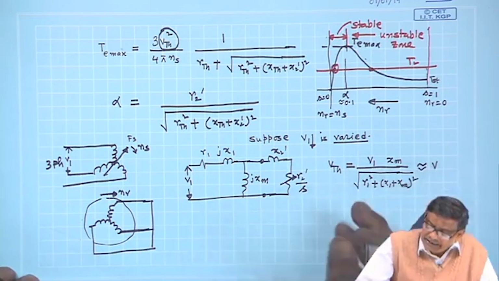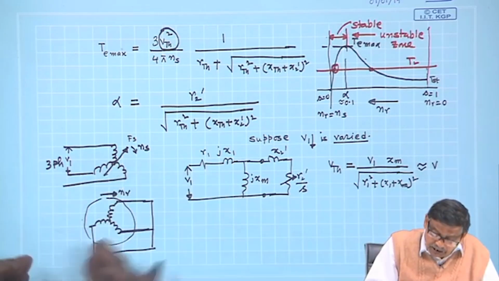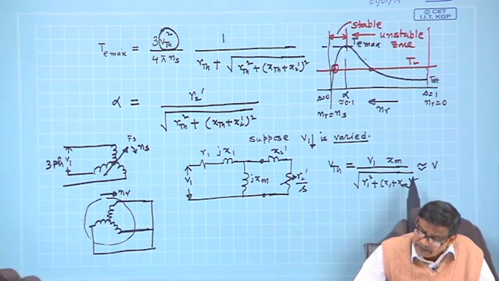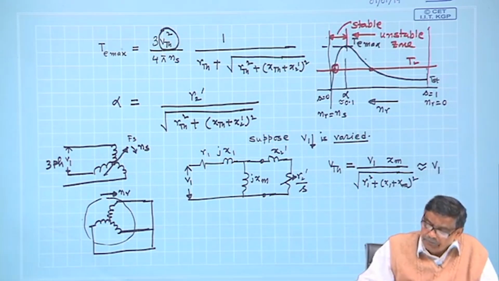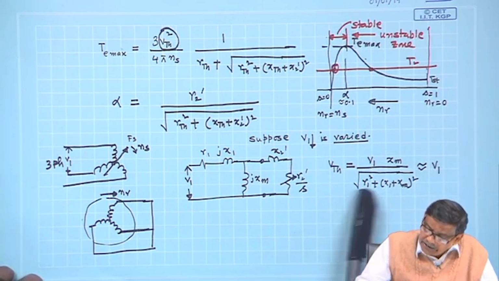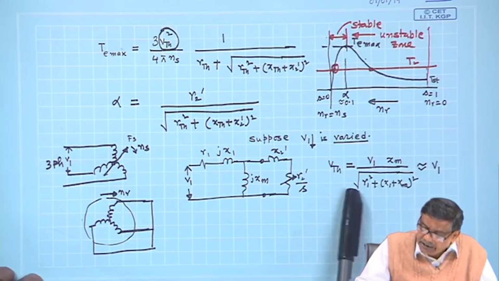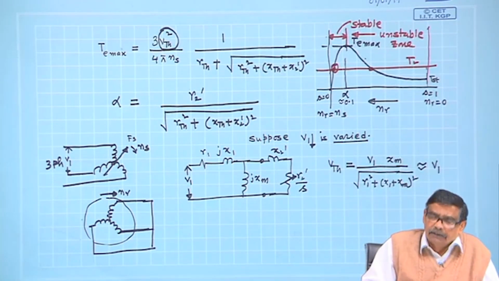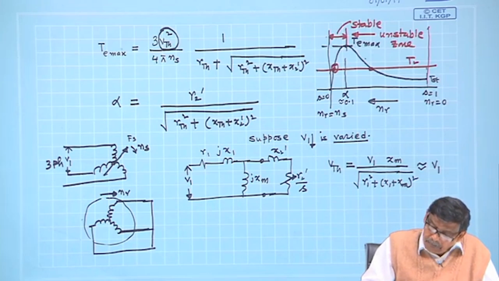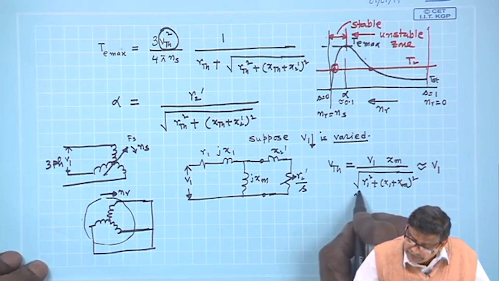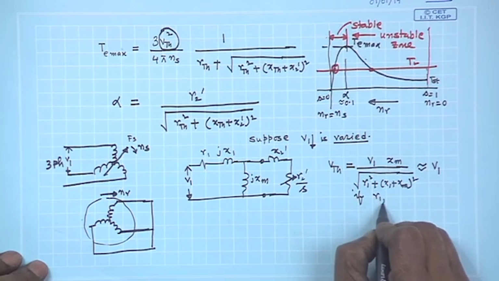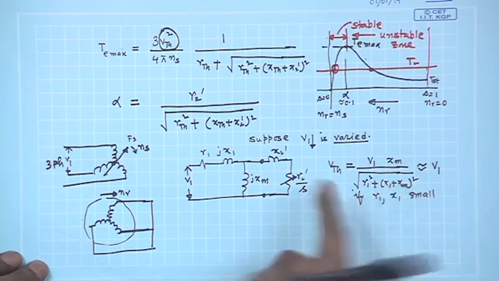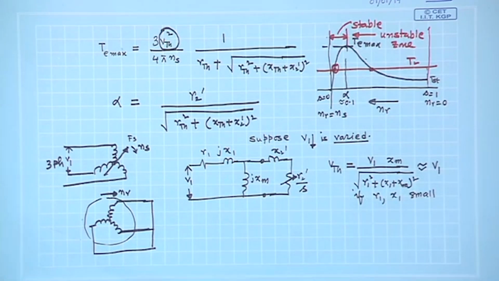So, it is not a bad idea, to understand what is going to happen if V1 is varied, to approximately say that this is close to V1, because if you neglect R1 and X1, under the root Xm, Xm will cancel, and it is approximately V1, because R1 and X1 are small compared to Xm.